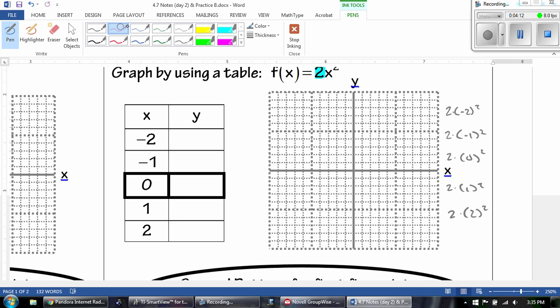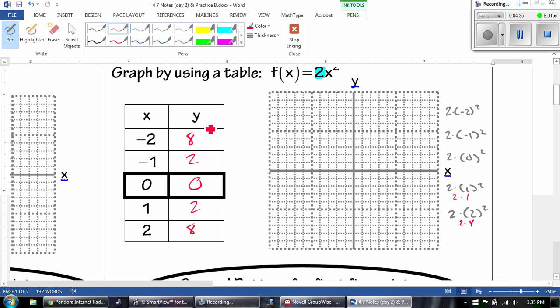I like to start in the middle real quick. So 0 squared is 0, and 0 times 2 is 0. 1 squared is 1, and 2 times 1 is 2. And that's what our other one's going to be. 2 squared is 4, and 2 times 4 is 8.